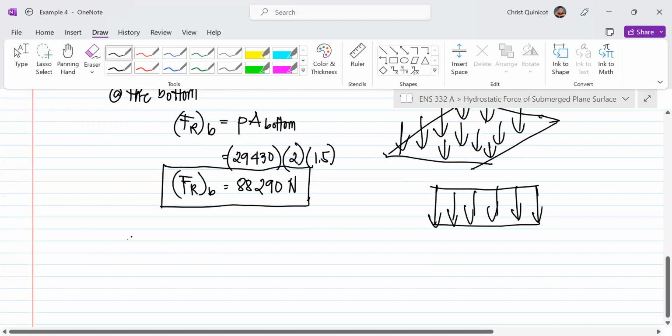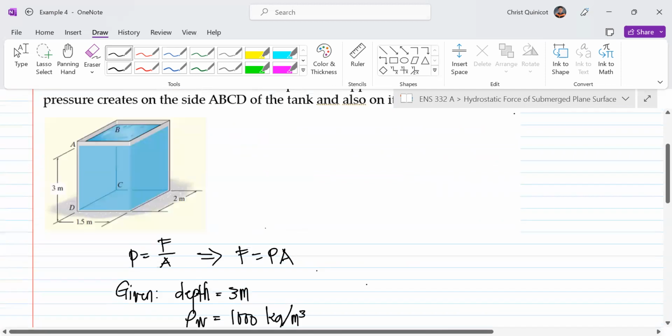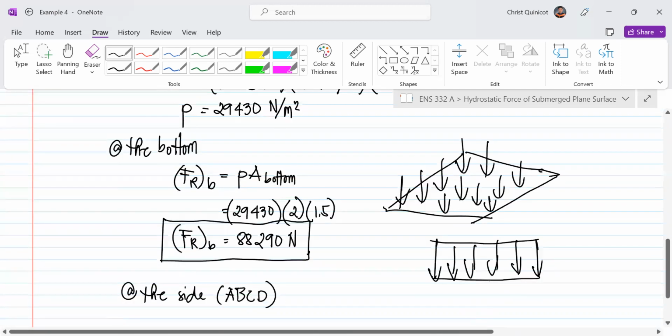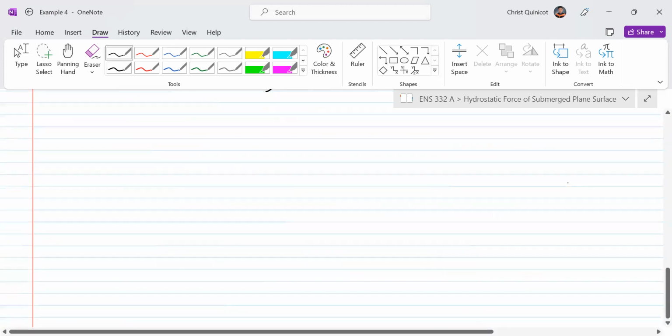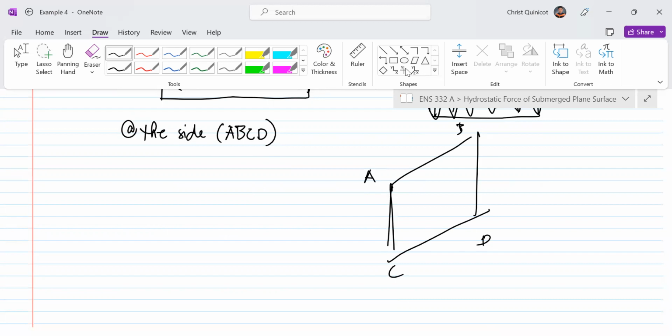Now at the side, which is A, B, C, D. If you make an illustration just like this one for our side, it will look like this. We know that as we go deeper, the pressure at the surface is zero, but it increases as we go deeper.